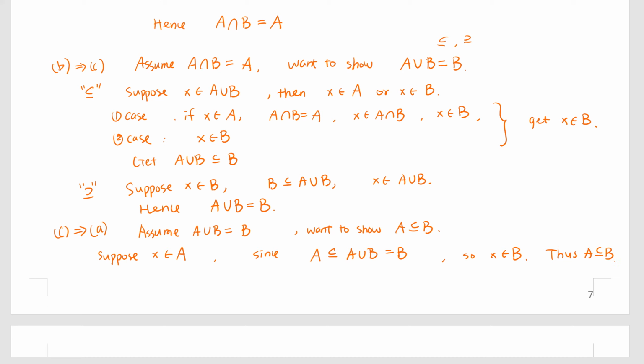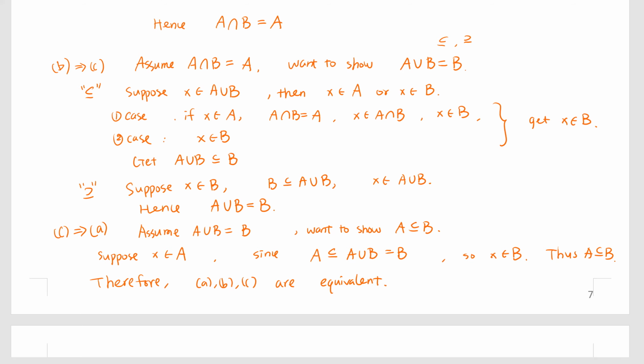So now we have shown A implies B, B implies C, and C implies A. Therefore, those A, B, C are equivalent. That finishes the proof.